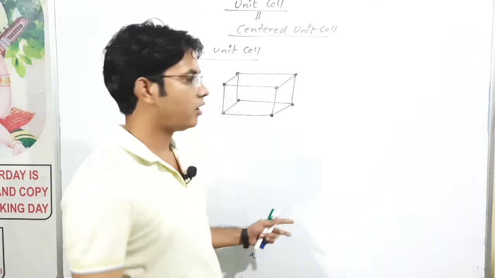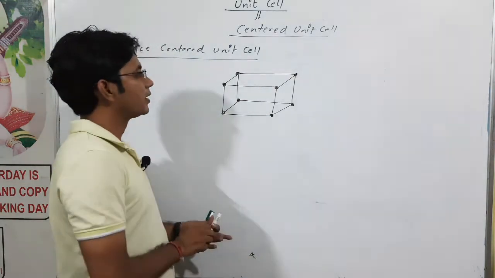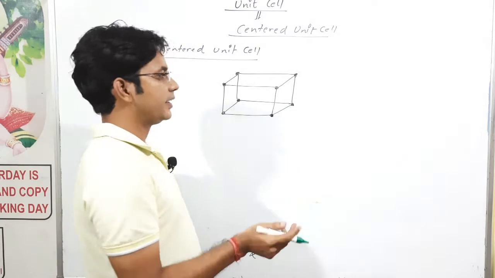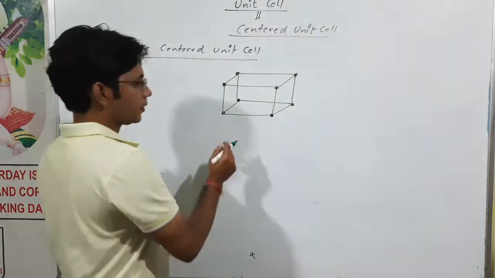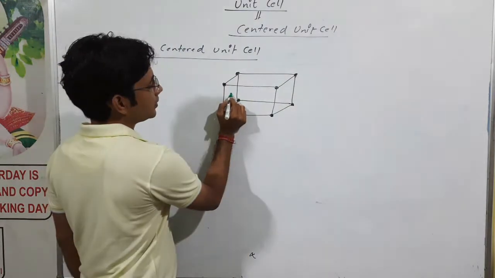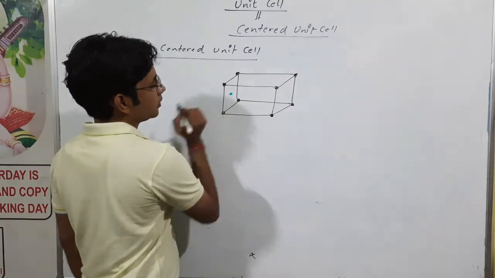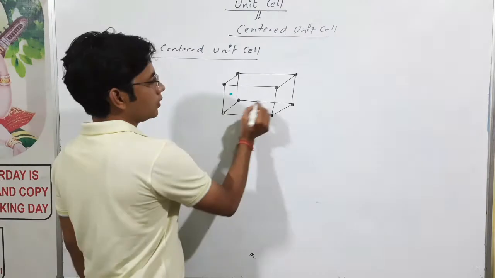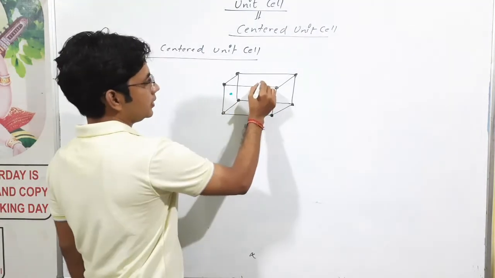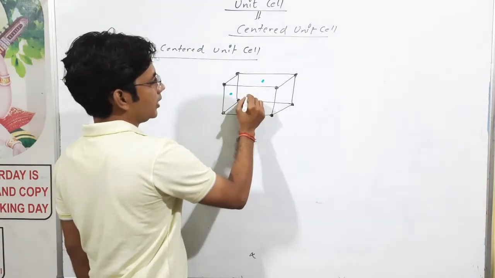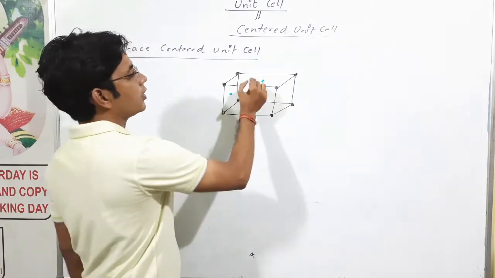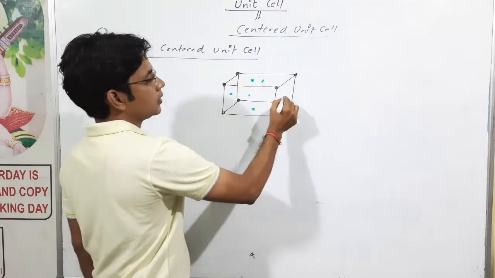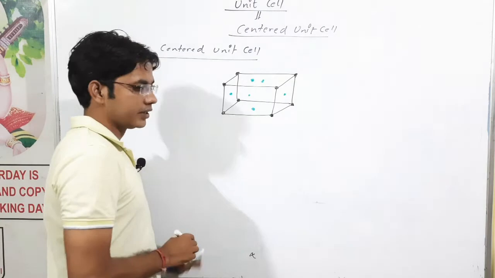But along with the atoms present at the corner, if there are atoms present at the faces of the unit cell, face of the unit cell means one atom is present at this face, one atom at this face, one atom at this backward face, one atom at the front face, one atom at the topmost face, and this is the rightmost face.